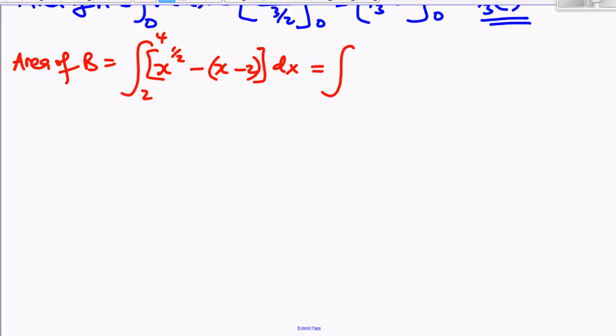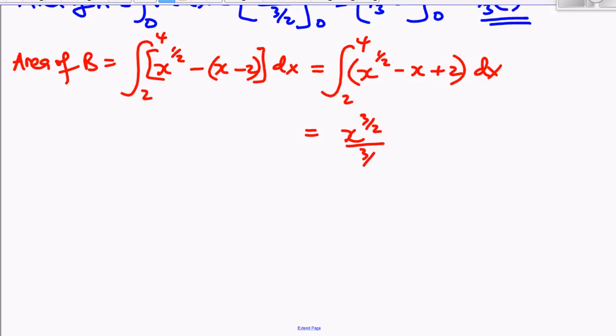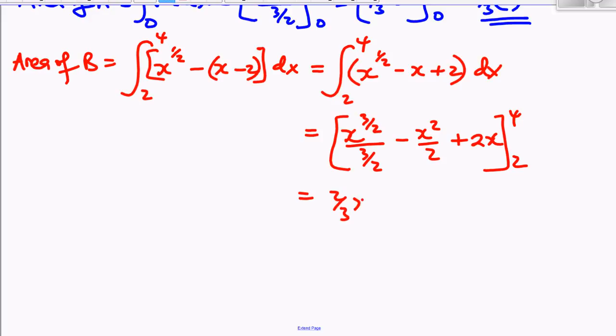So that will be the integral from 2 to 4 of x to the power a half minus x plus 2 dx, which gives us x to the power 3 over 2 over 3 over 2 minus x squared over 2 plus 2x, from 2 to 4.